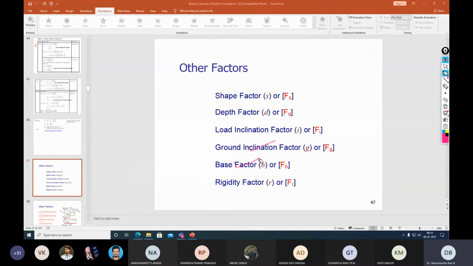Base factor: the base means not the ground but the base of the footing. The ground may be horizontal, but the base may be either horizontal or inclined. So accordingly, you have to take into account another factor that is called the base factor. Then rigidity factor. This is also another factor, depending upon whether the footing is rigid or flexible, or the soil is rigid or flexible.